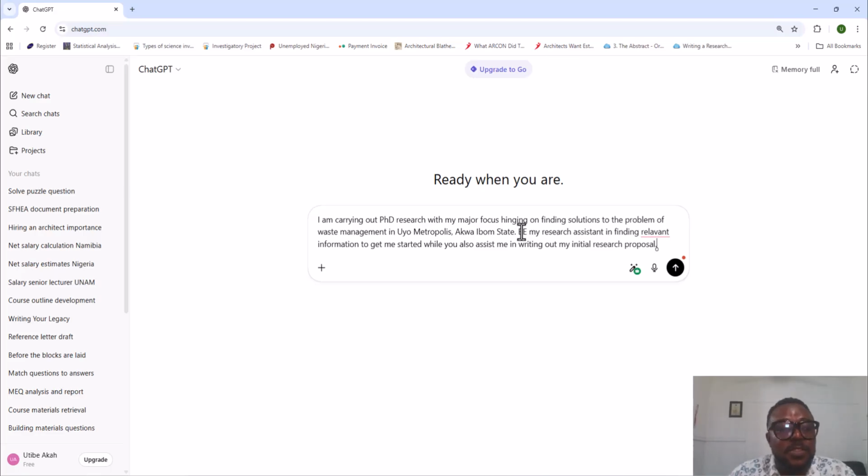Now, if your institution has given you the initial research proposal, this is the best time for you to give it that proposal.